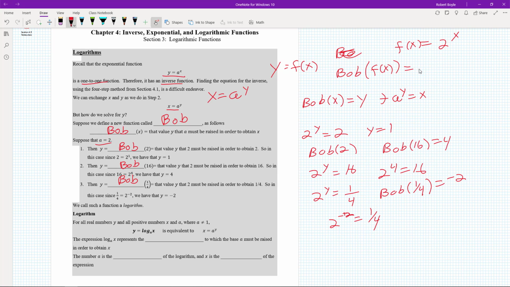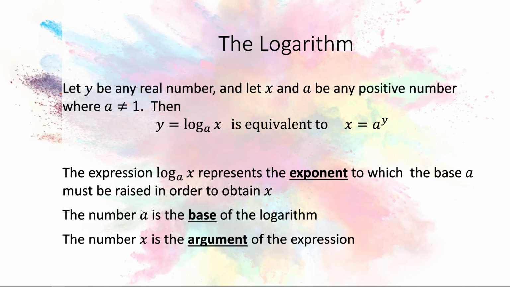That would be Bob evaluated at 2 to the x power, and we want the output to be that value that 2 must be raised to in order to get 2 to the x, which happens to be x. So they are indeed inverses, and I'll leave it to you to show that the composition works in the other direction. So this function seems to work. The only bad news is, well, that function's already been defined, and it is called a logarithm. But that kind of gives you an idea where the logarithm comes from.